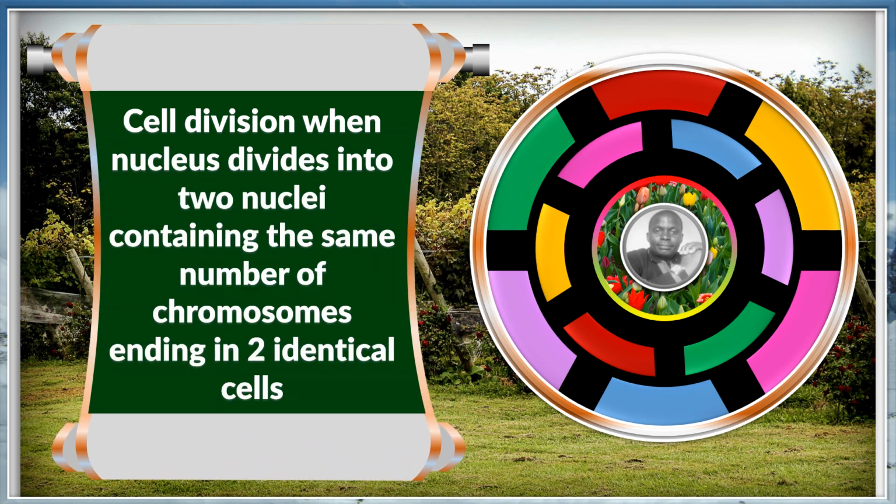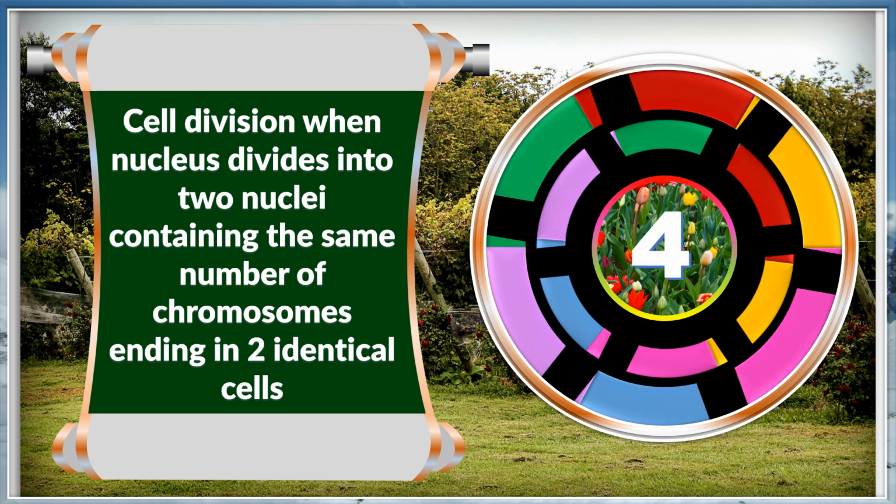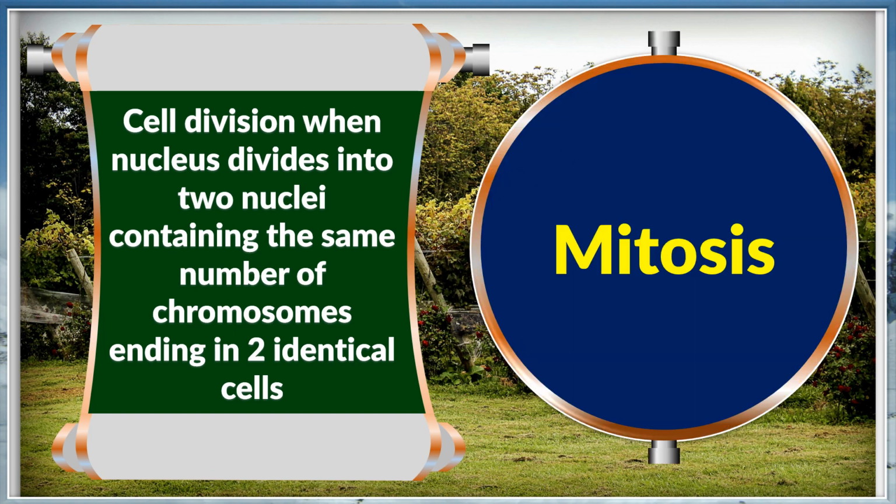Cell division, when the nucleus divides into two nuclei containing the same number of chromosomes, ending in two identical cells. Mitosis.